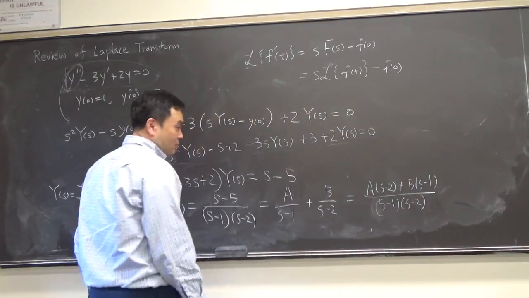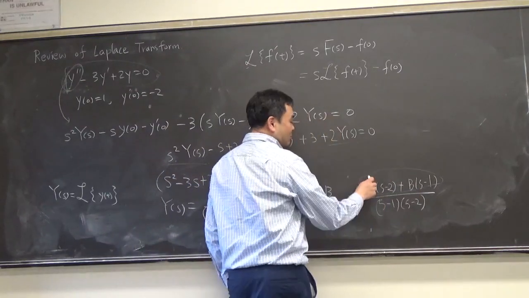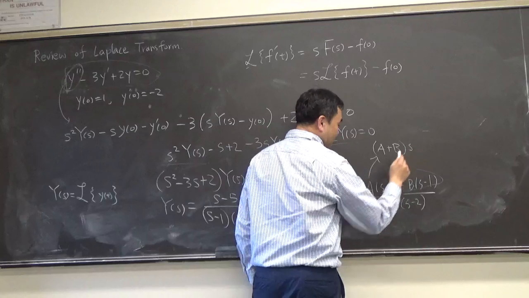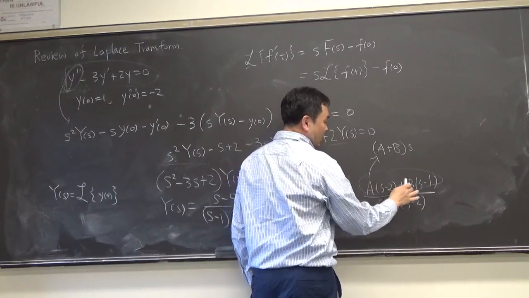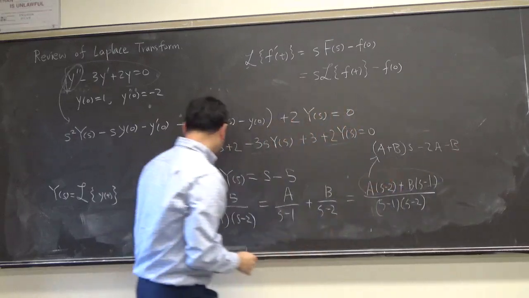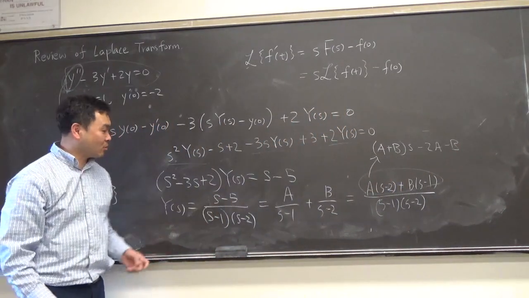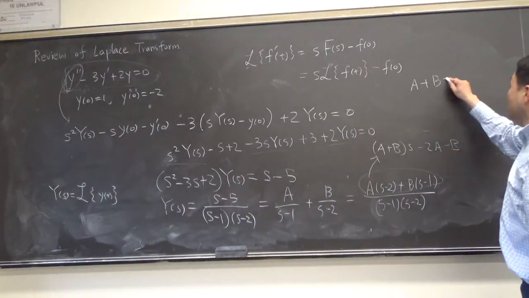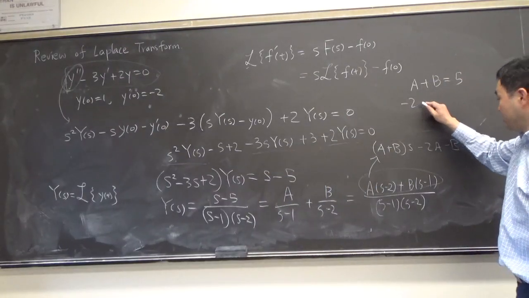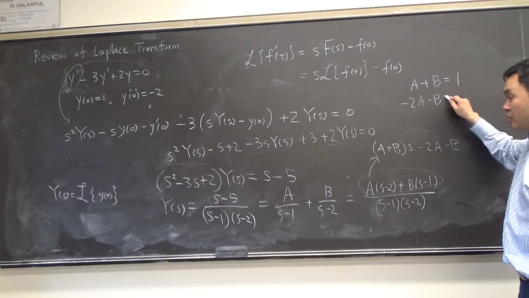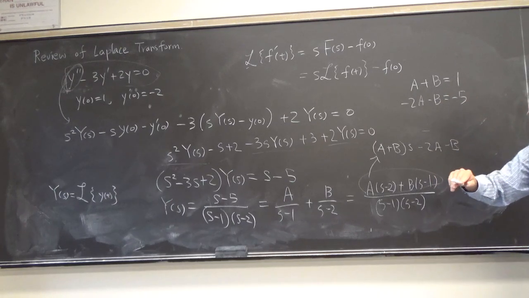And then if you simplify this top, that's going to be (A plus B) times s, minus 2A minus B. And you see that has to equal this, so A plus B better be 1 and negative 2A minus B better be negative 5.